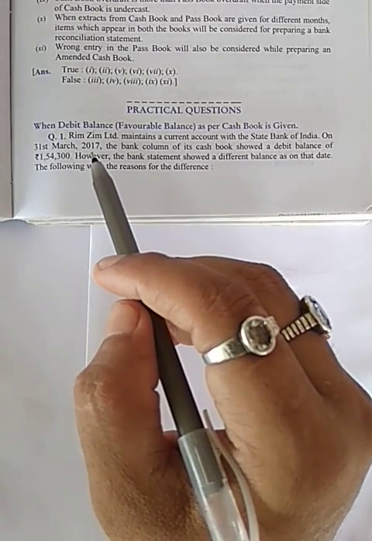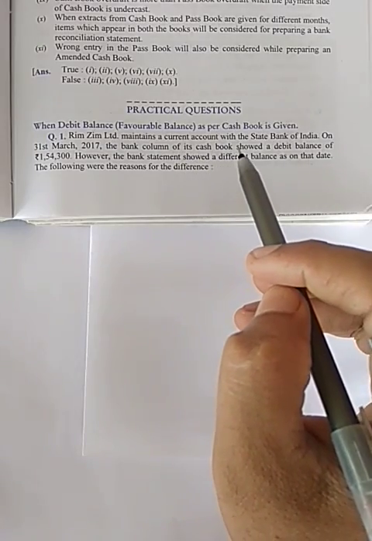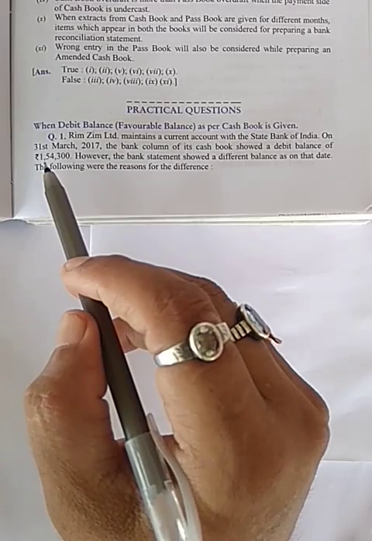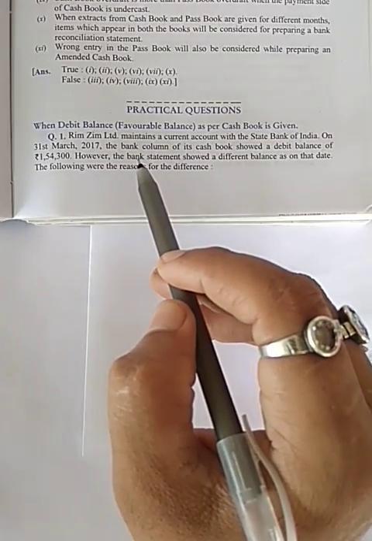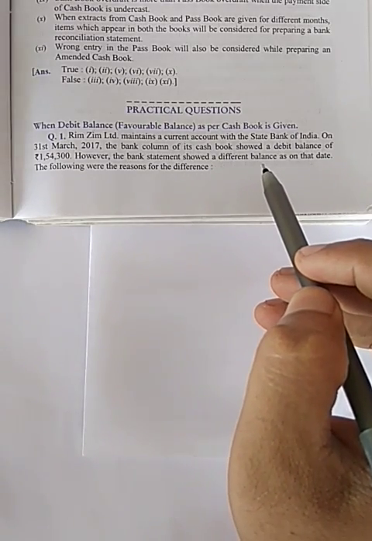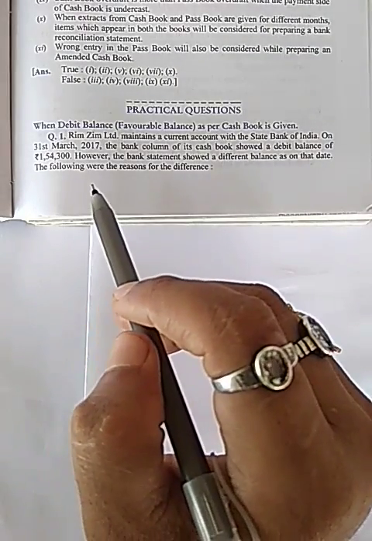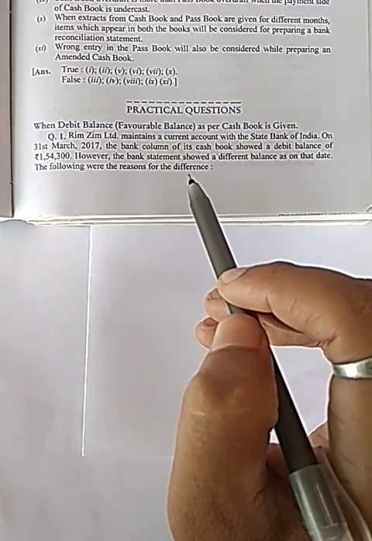On 31st March 2017, the bank column of its cash book showed a debit balance of 1,54,300. However, the bank statement shows a different balance as on that date. The following were the reasons for the difference.